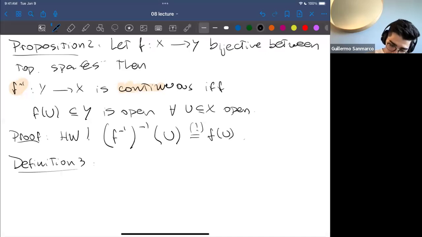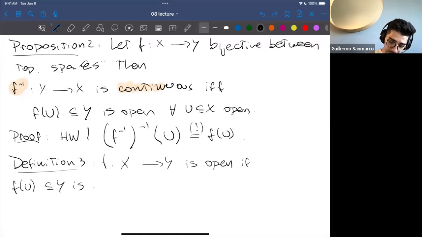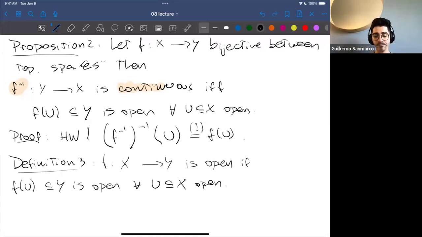A function f from X to Y is open if, exactly this, f(U) is open in Y whenever U is open in X, for all open sets in X. So this is what I'm defining here, this notion of being open.